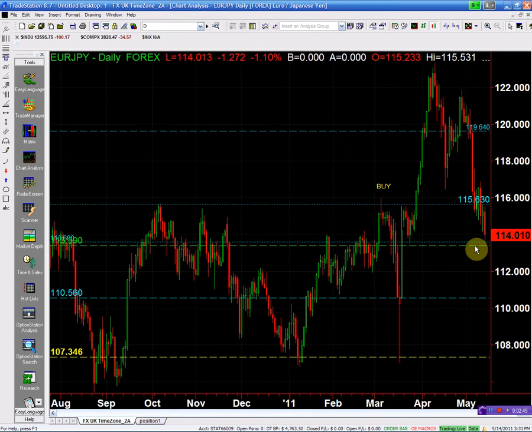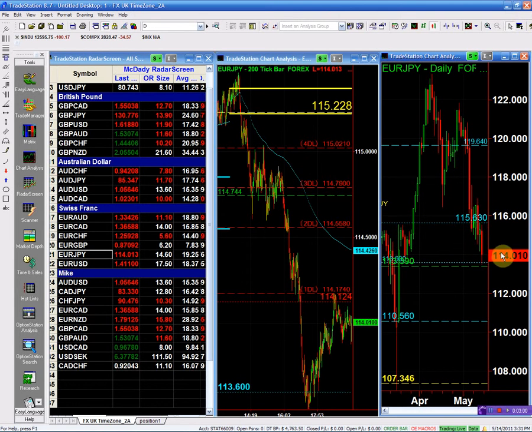Therefore, I will only go short the euro yen if it breaks below the 113.60, because that is a structural point. I will wait for 60 pips to the downside.